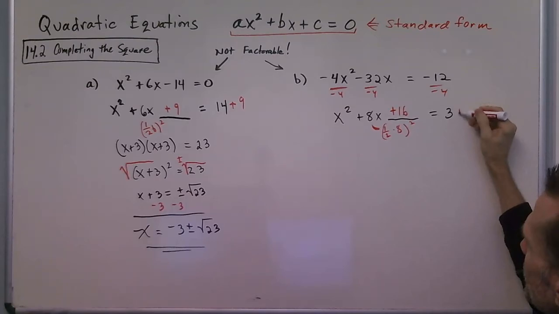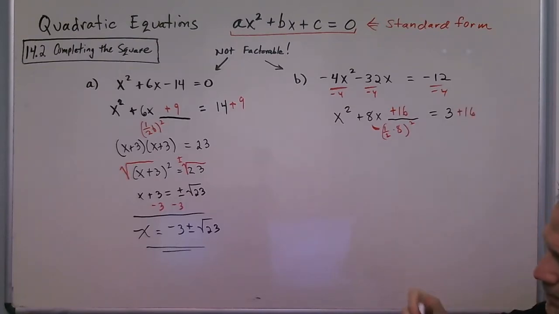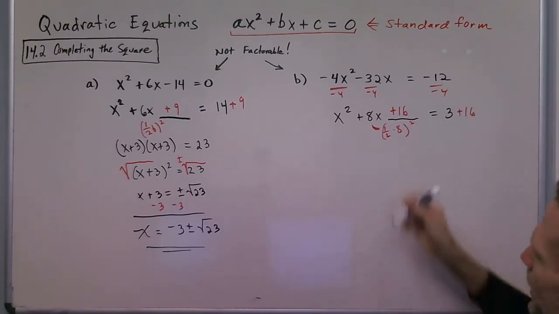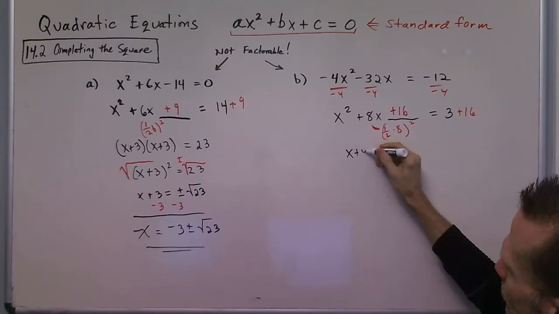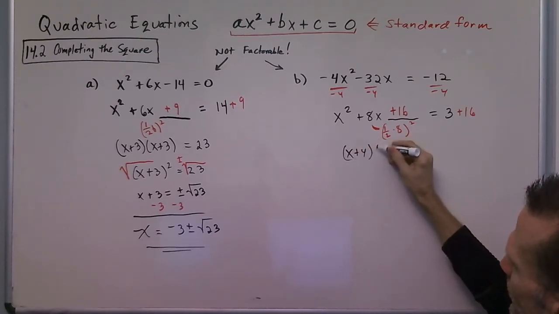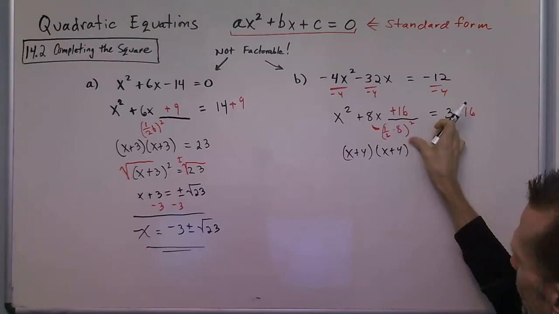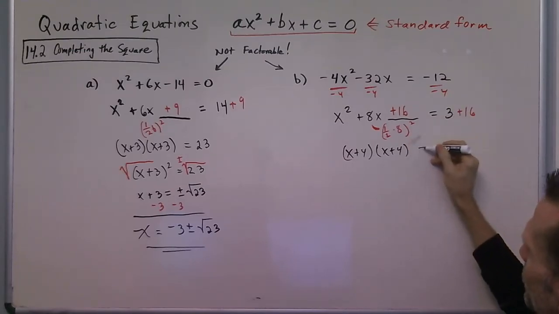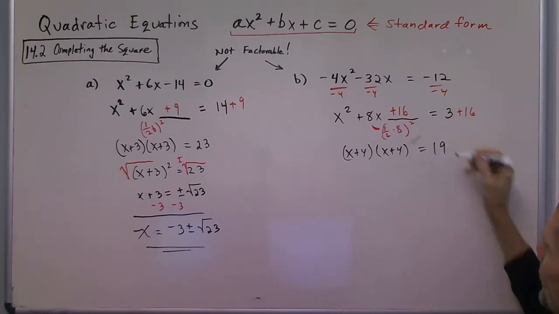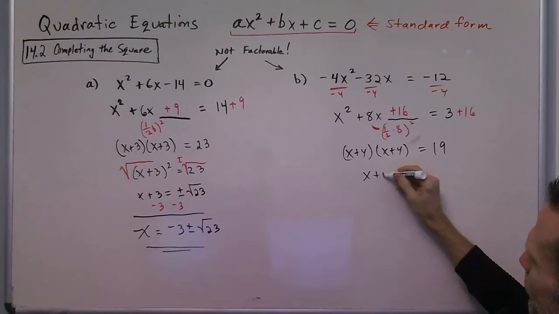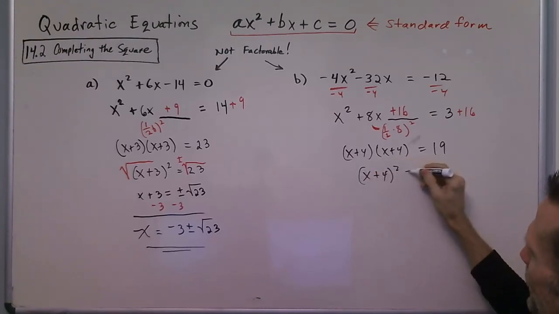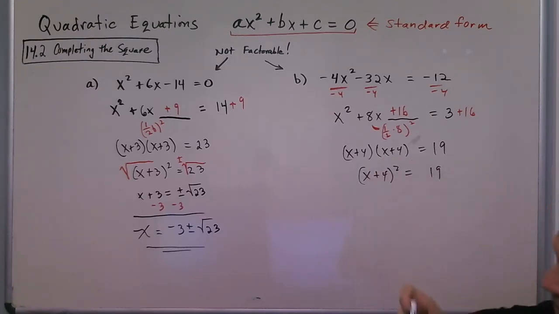So I added 16 here, I add 16 here. So what I have now is x plus 4 times x plus 4, oops, not squared there, equals 19. x plus 4 squared equals 19.